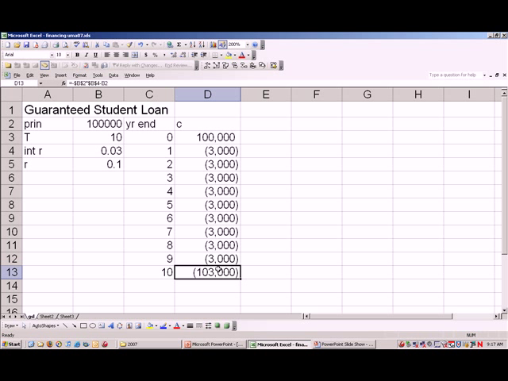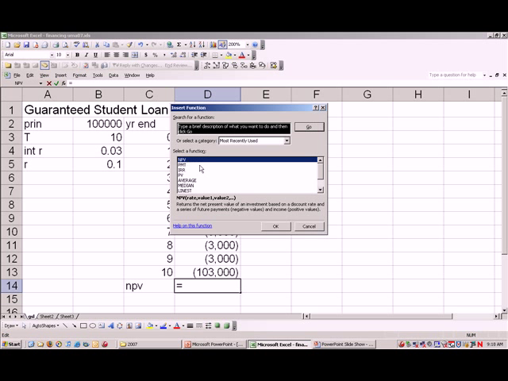Now to calculate the value of the stream of cash flows, or the value of this guaranteed student loan, we need to calculate the net present value. So let's just put a label there, and in this cell we're going to go up and invoke the NPV function.